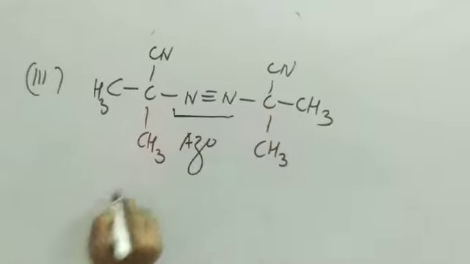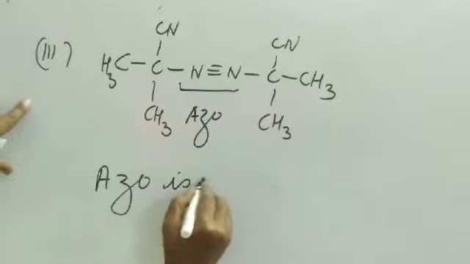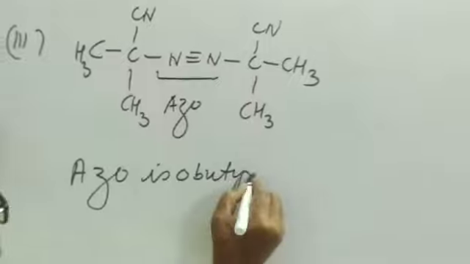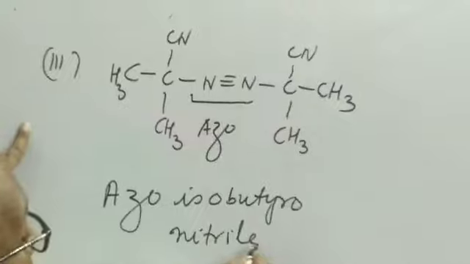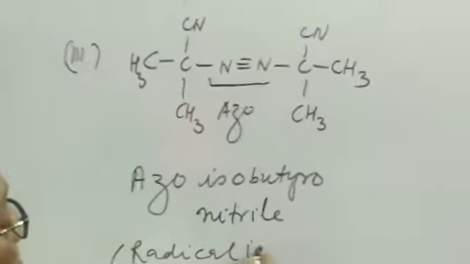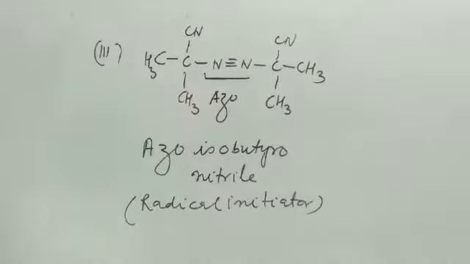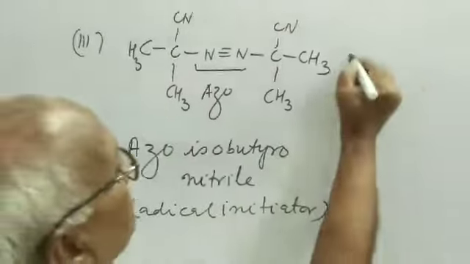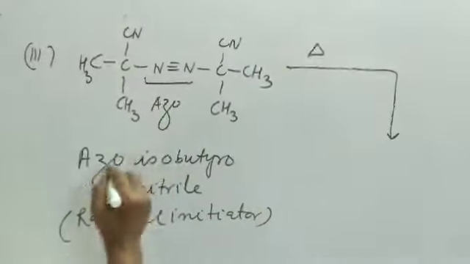This is azo, this is iso, four carbon atoms, 1 2 3 4, butyro, azobutyronitrile, CN nitrile. It is a radical initiator, which means it produces radicals during a reaction. So when it is heated, homolytic fission takes place. Look over here.